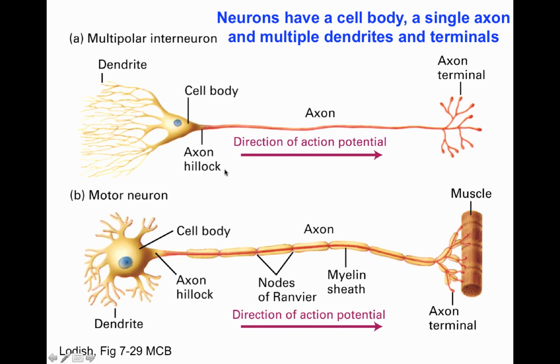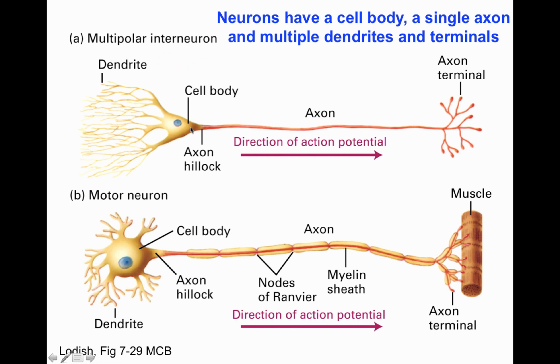When we look at neurons, neurons are specialized cells that are designed to transmit information along the central nervous system or the peripheral nervous system. A neuron will have a cell body, shown here where the nucleus is. In the cell body, you have many dendrites, which allow that cell to receive information from adjacent neurons.